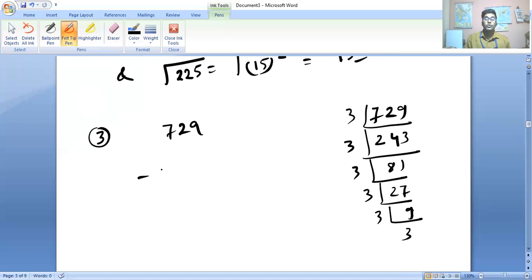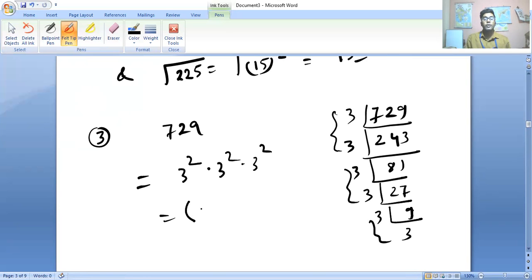Clear? So remember, in square root, we write in terms of squares. For these 2 threes, we can write 3 square. For these 2 threes, we can write 3 square. And for these 2 threes, we can write 3 square. So together we can write 3 into 3 into 3 whole square.